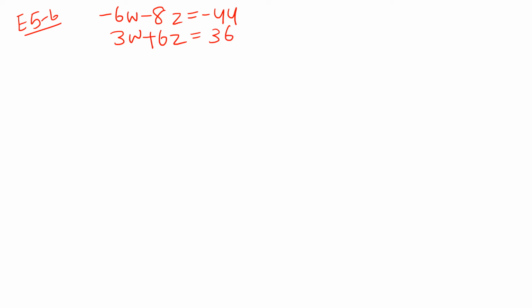Now if you look at both the equations, I want you to first observe the coefficients. What are the coefficients of the two variables? The variables are w and z, and the coefficient here is minus 6. Here it is 3. They are multiples of each other.